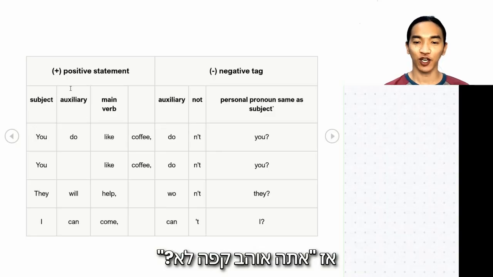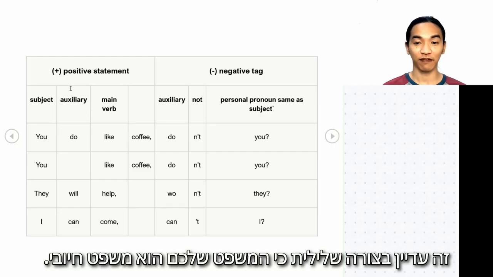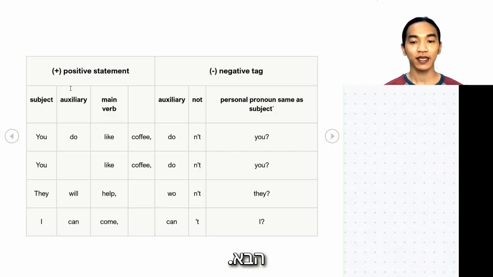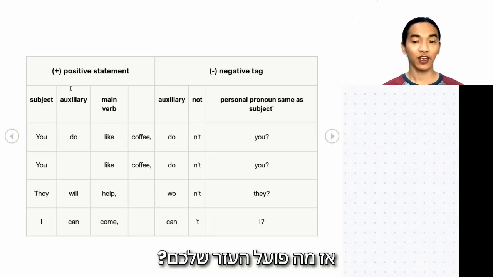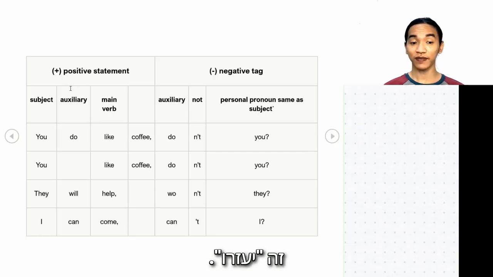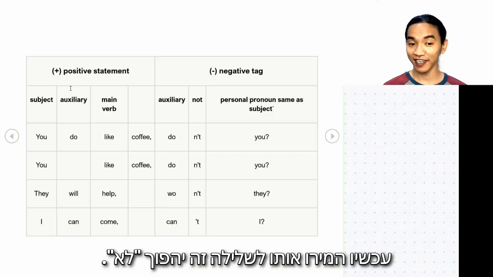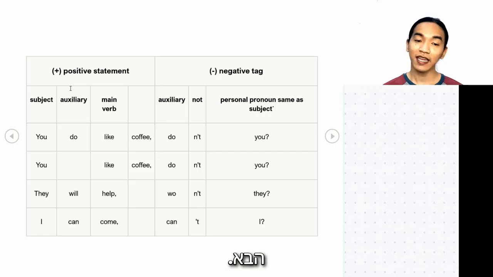Okay? So you like coffee, don't you? It's still in negative form because your sentence is a positive statement. Okay? Next, they will help, won't they? So what is your auxiliary verb? It's will. Now convert it into negative, it will become won't.